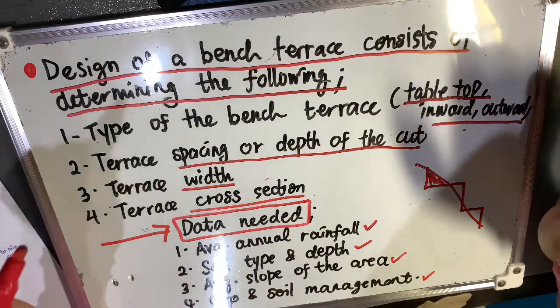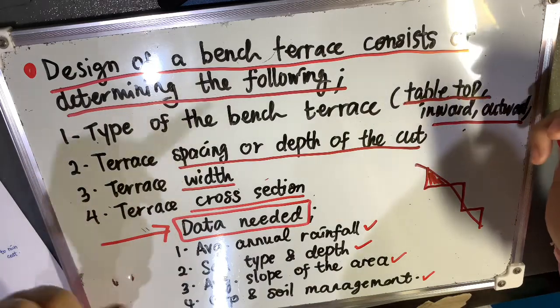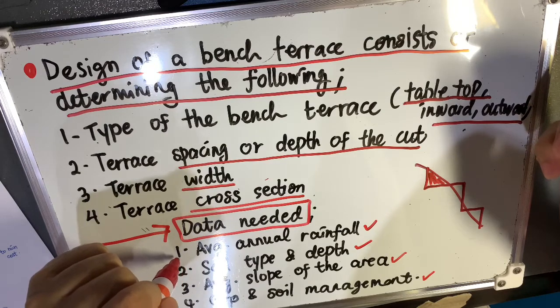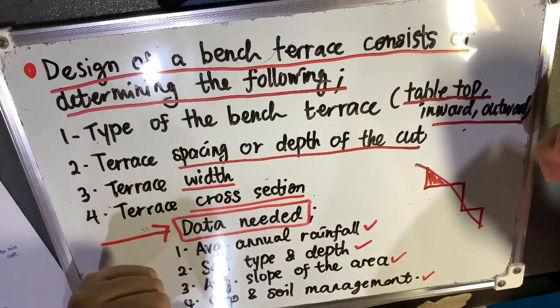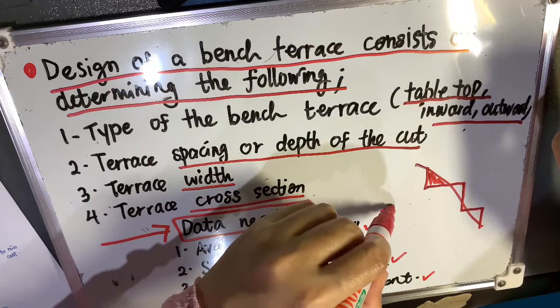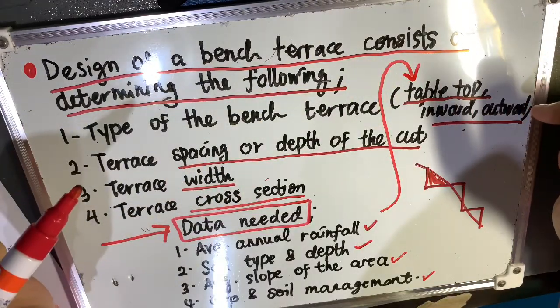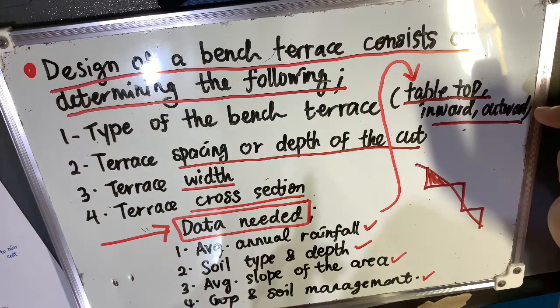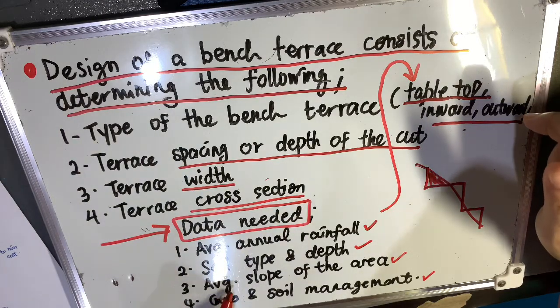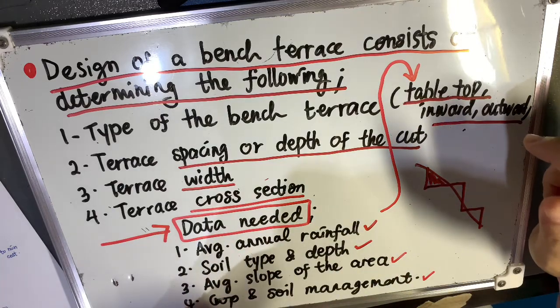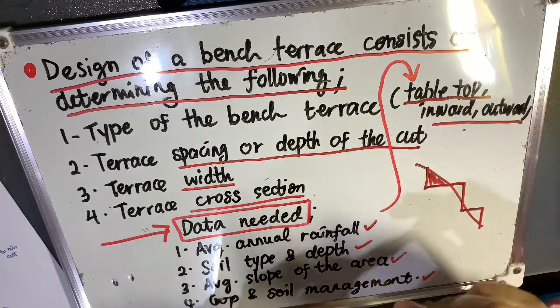If you see in the previous video, these four data are needed to decide which type of terrace. Maybe I didn't explain about this average slope of the area. We will see that later.